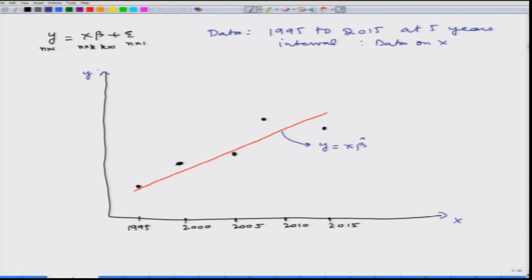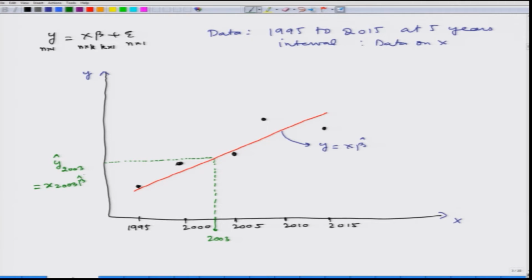Now suppose our objective is to know the forecast for 2003. 2003 lies somewhere here, and we aim to know the value of y using this fitted line. We obtain y hat at 2003, which can be obtained as x 2003 beta hat, as we will see later.